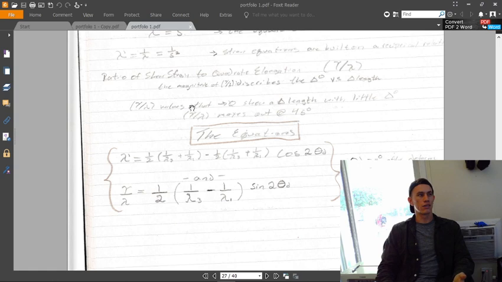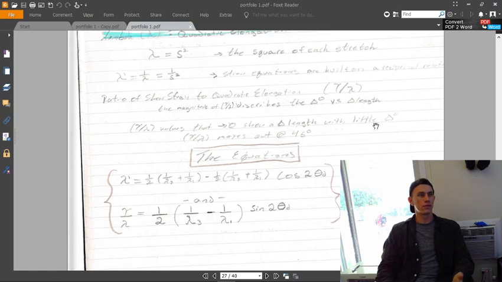It's basically values that describe the change in position, the angular, versus the change in length. So this is the change in length, this is the change in angular position, and it's just the relation between those two.